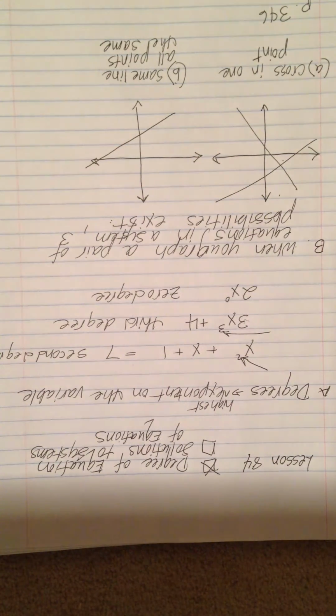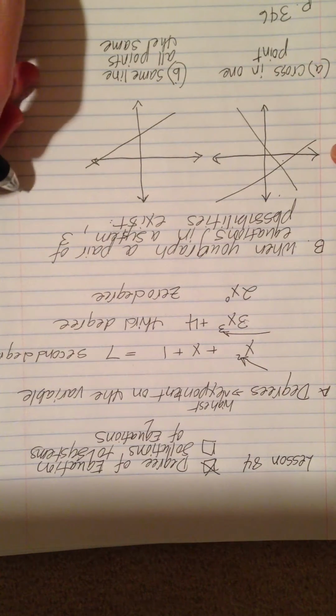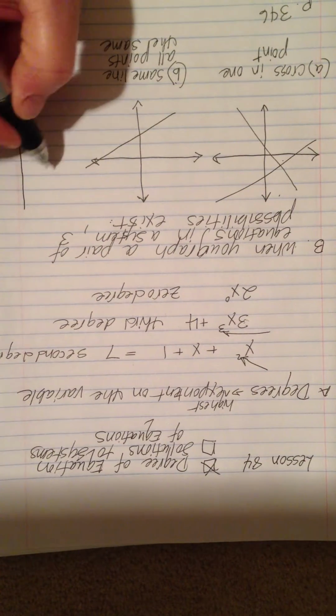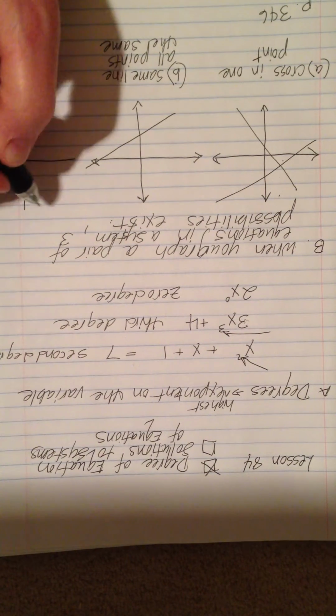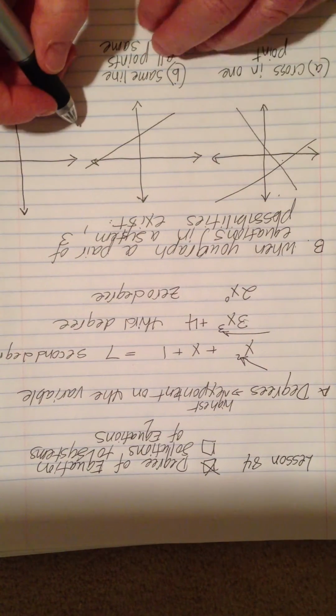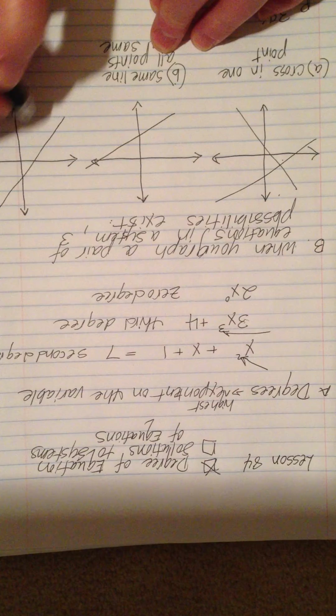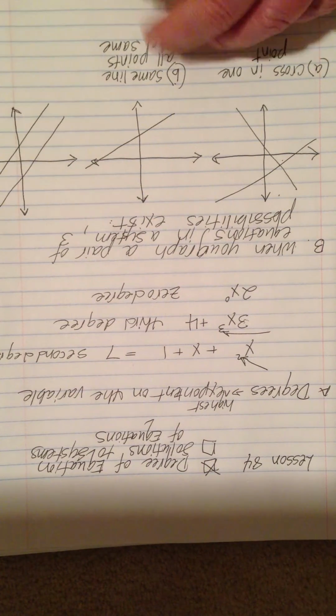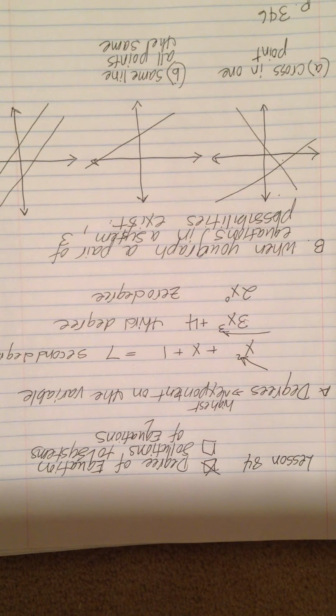That's the second possibility. And then the third possibility, when we graph 2 equations in the same system, they might run like this. Pretend my lines are parallel. They might be parallel. They will never cross over, but they're two different lines.